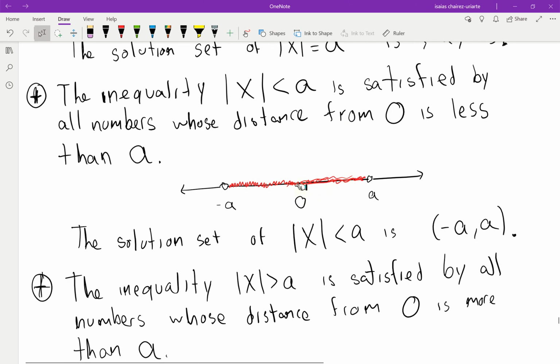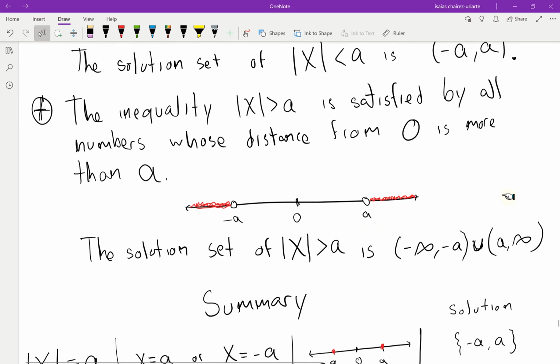So 0 is right here in the middle, and it's all the things that are less than A away. So it's everything from negative A to positive A. And since I'm using this type of strict inequality, I'm going to be using parentheses. So the solution set to this inequality is parentheses negative A to A.